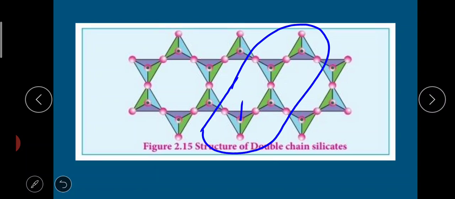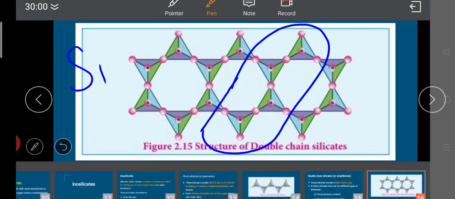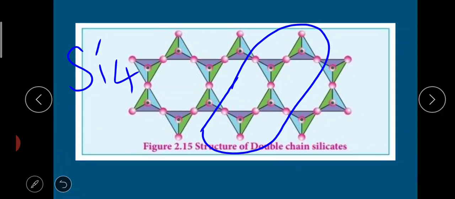So 1, 2, 3, 4. Si4. Next, oxygen. If you take oxygen without sharing 1, 2, 3, 4, 5, 6, 7, 8, 9. So 9 I am having.